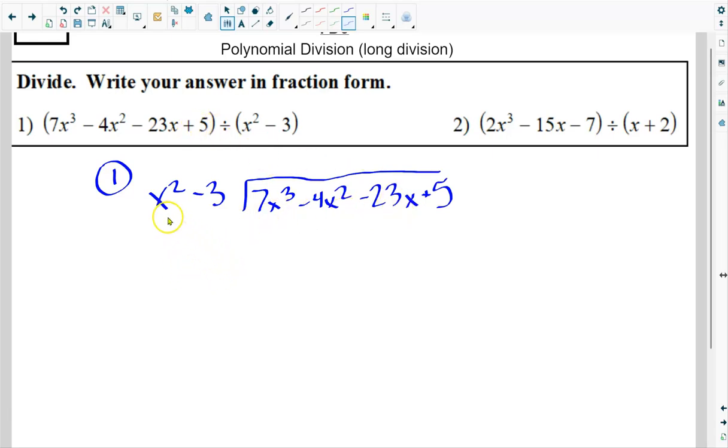Alright, so let's play the same game. This multiplied by what gives me this? I need an x and I need a 7. Okay, notice how my x's are lined up, okay? The terms. So I got my 7x cubed. This times this is minus 21x. I can't put it here.